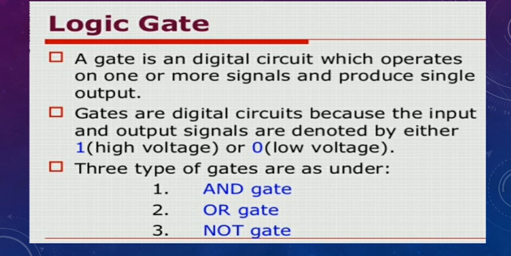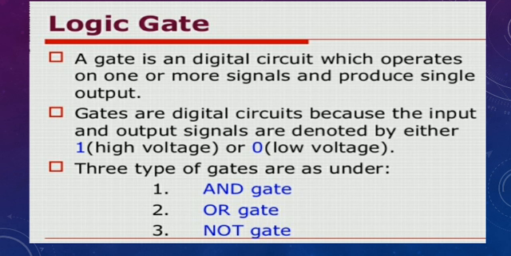A gate is a digital circuit which operates on one or more signals and produces a single output, okay? And gates are digital circuits because the input and output signals are denoted by either 1 or 0, right?